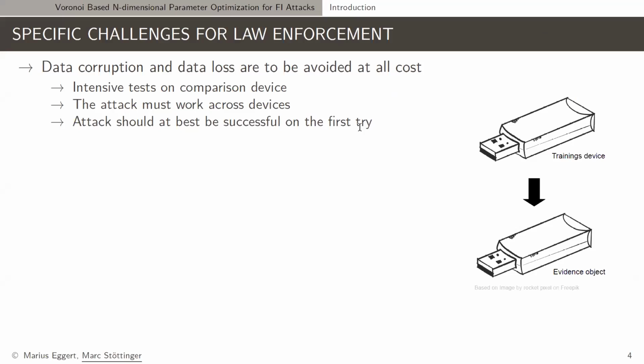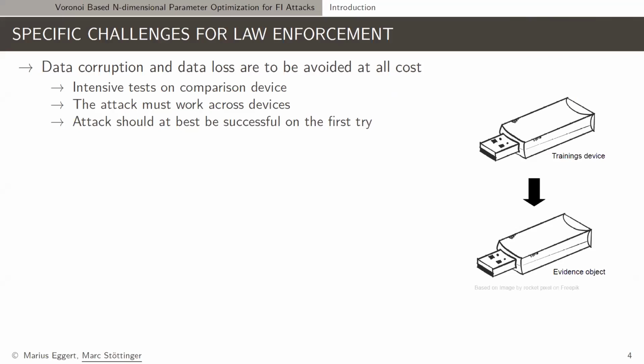However, in an evidence case, it's a little bit more tricky, because you need to assure that you only extract the data you're allowed to extract and that you're not altering the device, which means you cannot destroy the device or induce some additional data into it.